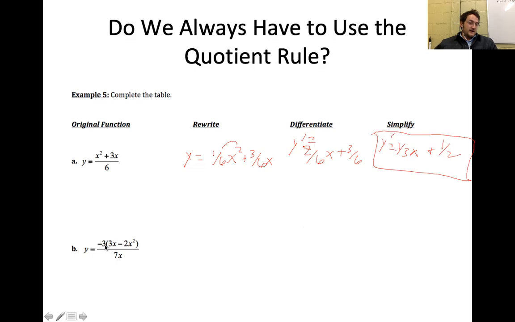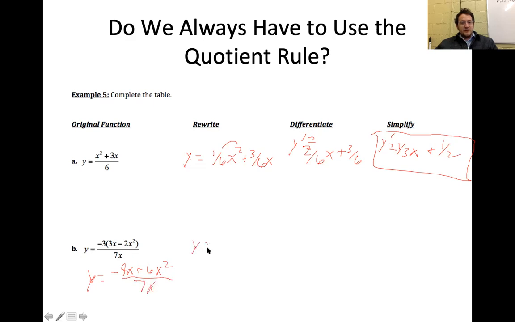Let's look at this one. If I multiply things out here, multiplication really isn't that bad. So I have negative 9x plus 6x squared over 7x.